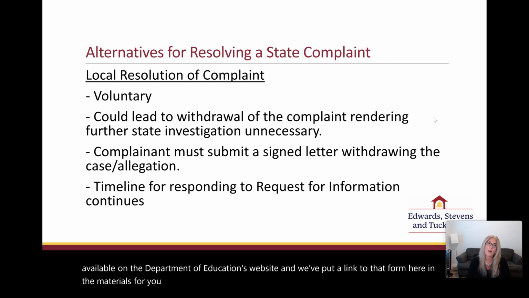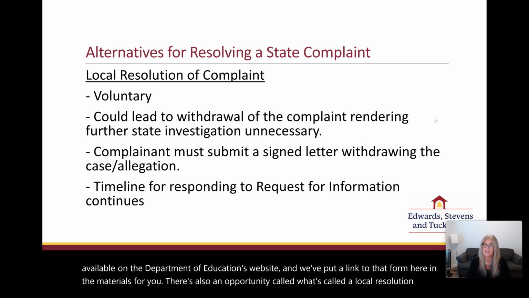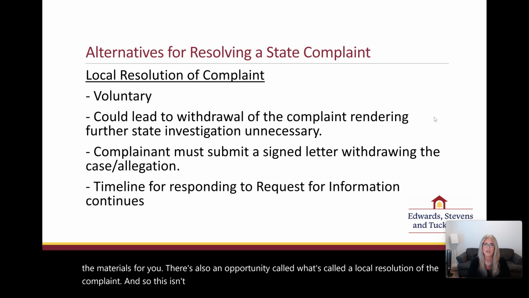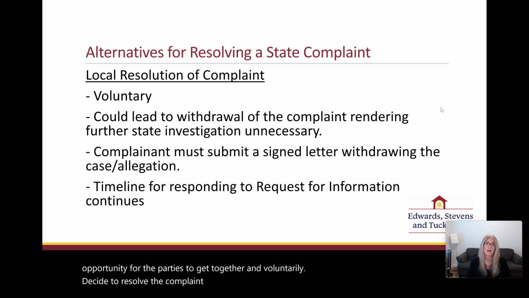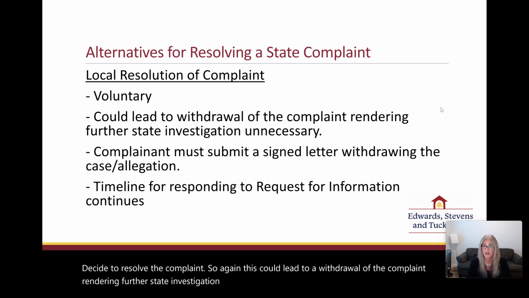There's also an opportunity called a local resolution of the complaint. This isn't necessarily a formal mediation type process. Again, this is an opportunity for the parties to get together and voluntarily decide to resolve the complaint. So again, this could lead to a withdrawal of the complaint, rendering further state investigation unnecessary.